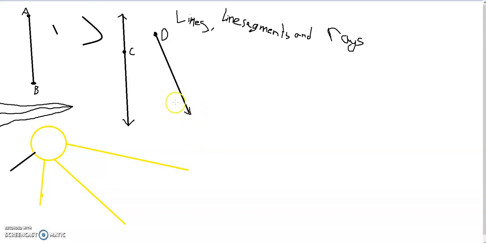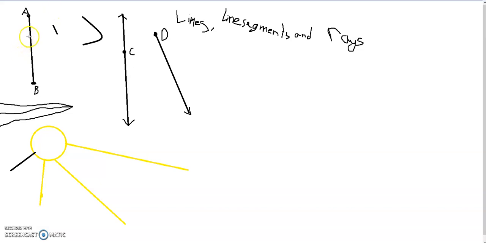So rays go on in one direction. Line segments are completely limited. Rays go on forever in one direction, and lines go on forever in two directions.